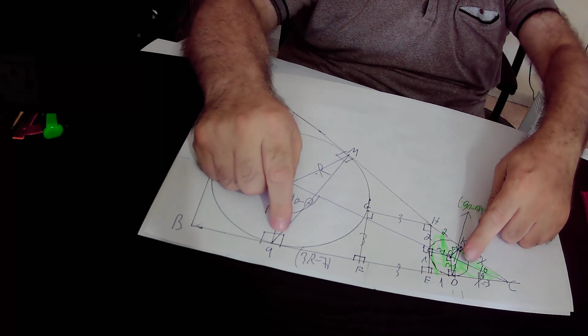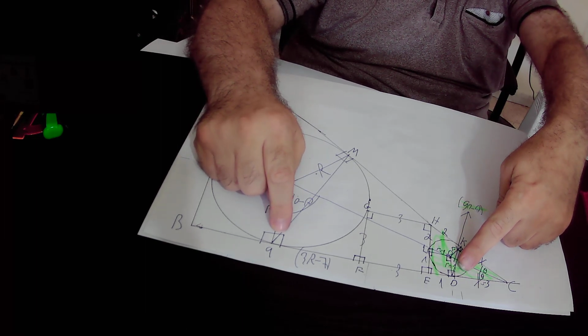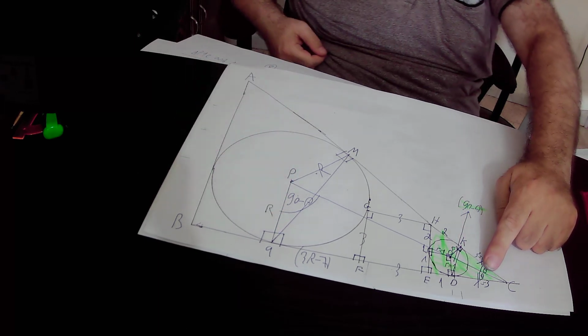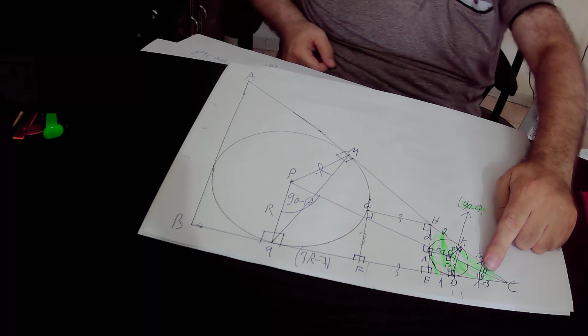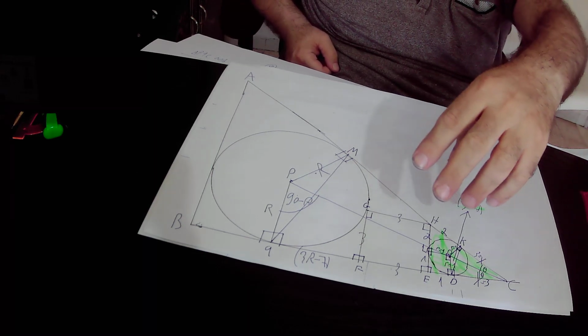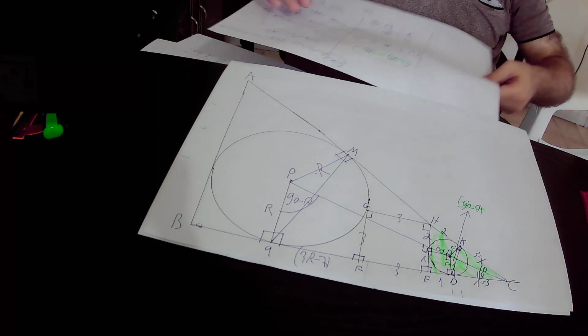Then, in addition, those two angles are both equal to 90 degrees, therefore they are equal to each other. And finally, this angle theta is a common angle that belongs to both triangles, so this angle equals itself. So we proved that those two triangles are similar to each other according to the angle rule.